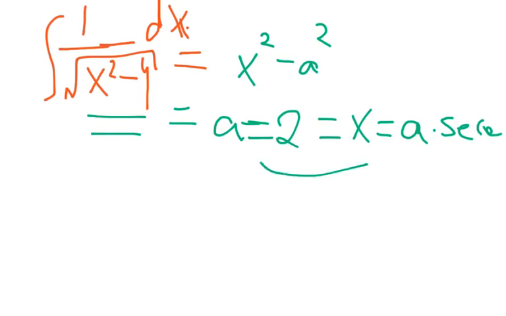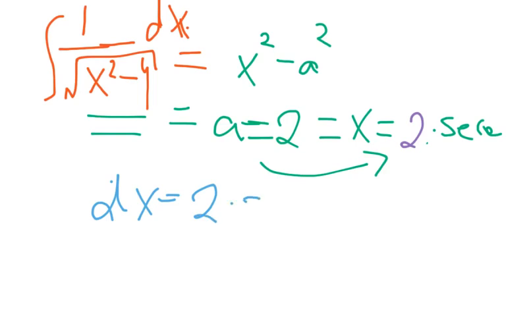Of course we do the substitution right there, and instead of a, we put the number, which in this case is 2, and then we go ahead and take the derivative of this. So once again, the derivative of secant of theta is secant of theta tangent of theta d theta. It looks like a lot, but it's not too bad.